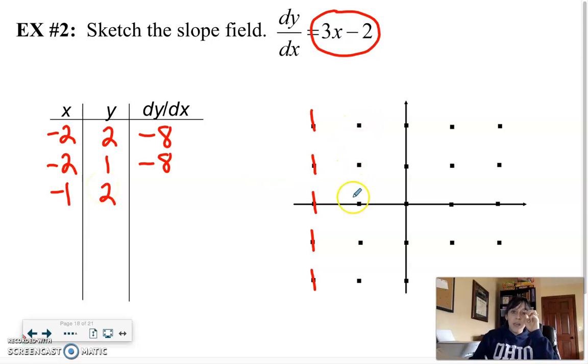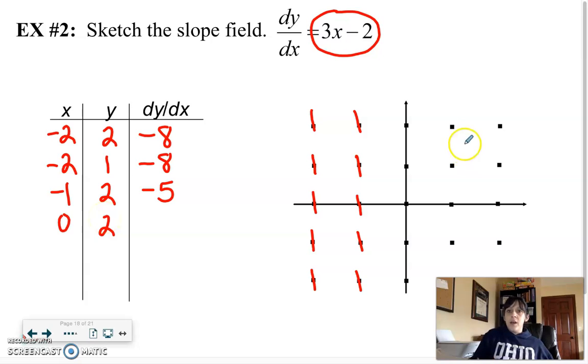So any of these -1 x values, plug it in. You'd get -1 times 3 is -3, minus 2 would be -5. So again, really steep. I just need to make it look slightly less steep than the lines before it, which is tough to do. Just do your best.